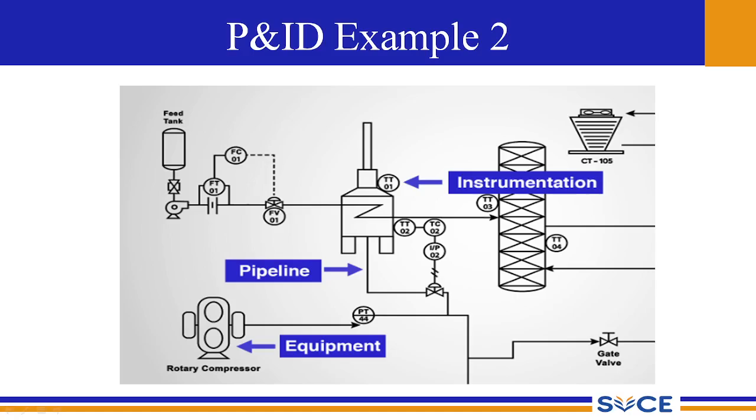The control loop is given by the TT02, the corresponding temperature controller will be TC02, and input output signals transmitting will be done by this input output 02. Then it's connected to this control valve, and there is a PT, that is a pressure transmitter.